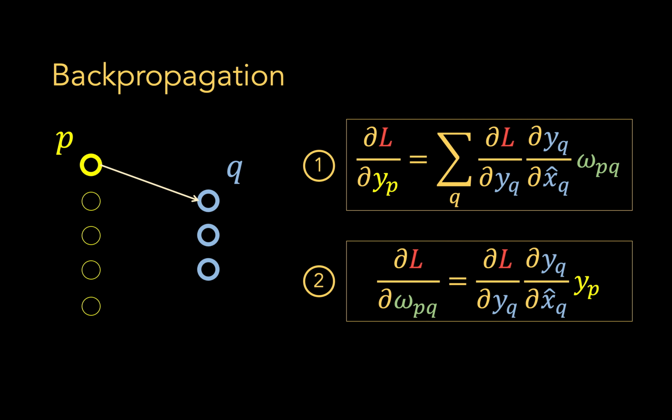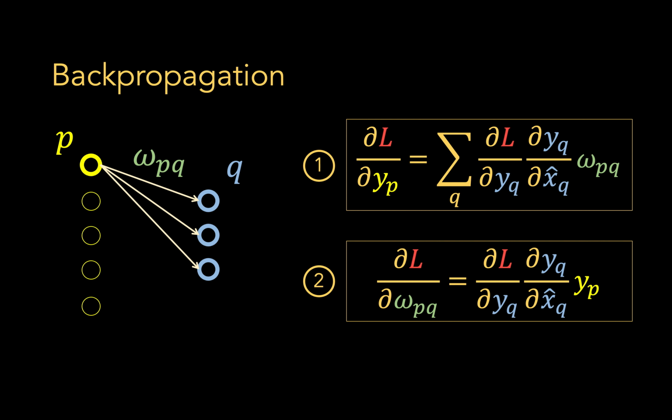So in general, if we have a neuron p and neurons in the next layer represented by q, and we want to find how the weight pq should change, this entire backpropagation algorithm can be considered as powered by these two equations. Equation 1 allows us to calculate dL by dy for neuron p, given dL by dy for every neuron q in the next layer.